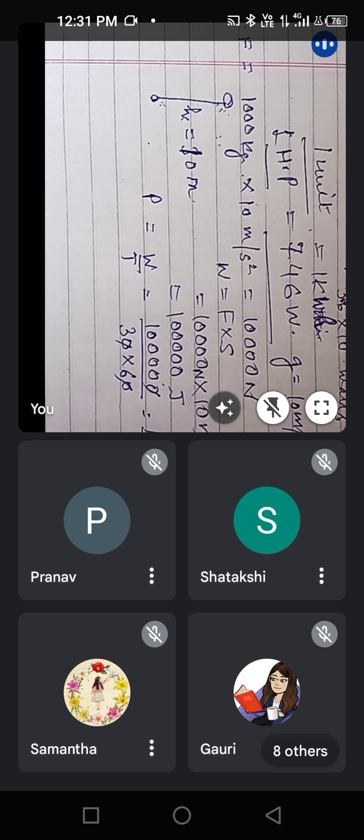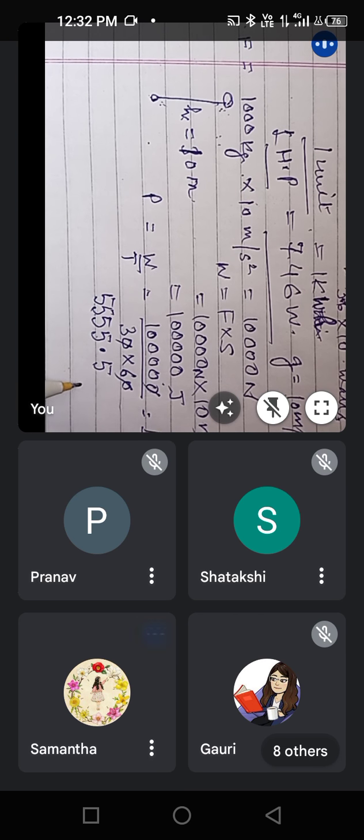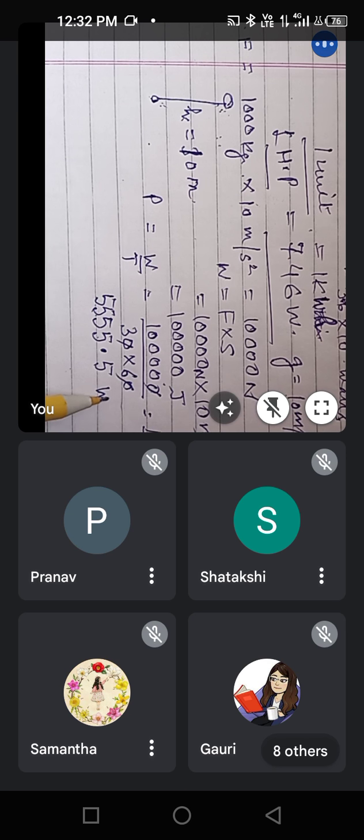You are not able to divide? 555. Very good. 5555.5.